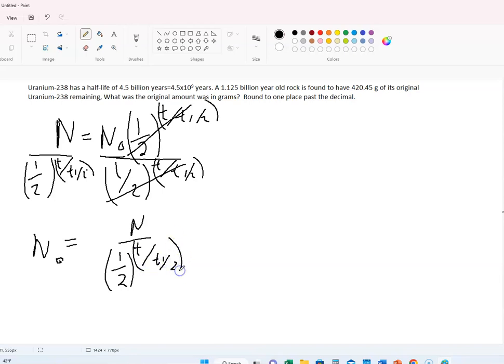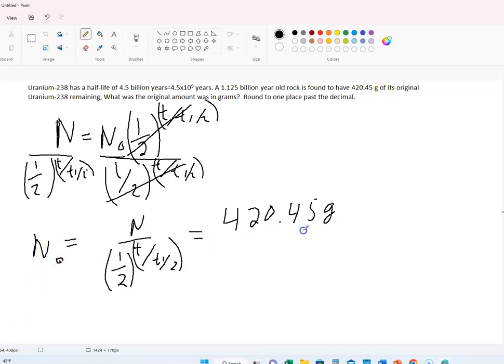All right, let's put the numbers in. N is the amount that's remaining, so it's 420.45 grams. That'll tell us that N sub 0 is also in grams.